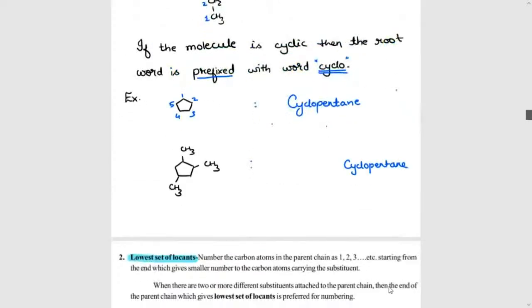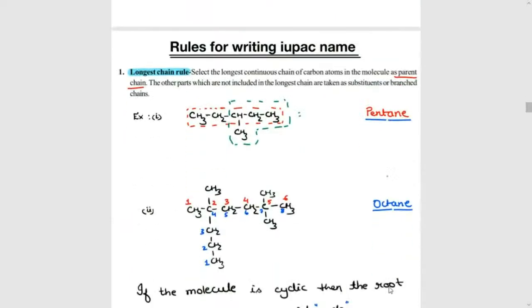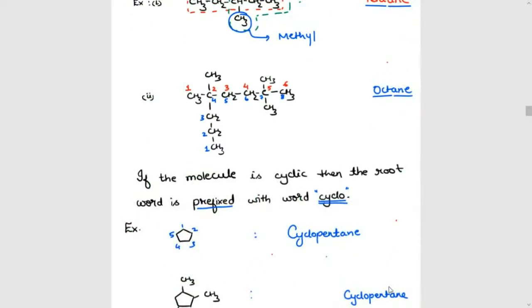Once you decide the root word and the primary suffix, now you see what all are left. The other parts which are not included in the longest chain are to be taken as substituents. So here we took this, and my substituent here is methyl. Here we took octane, the blue one, so I have 4 methyls.